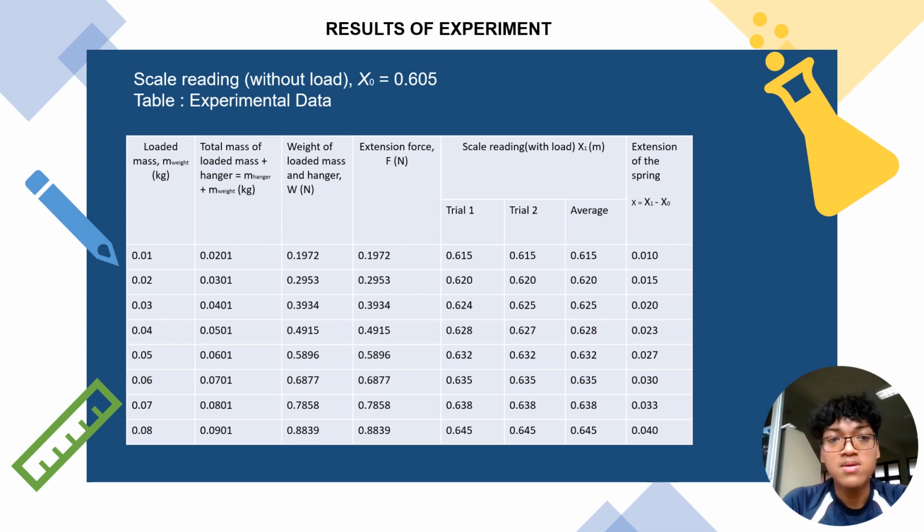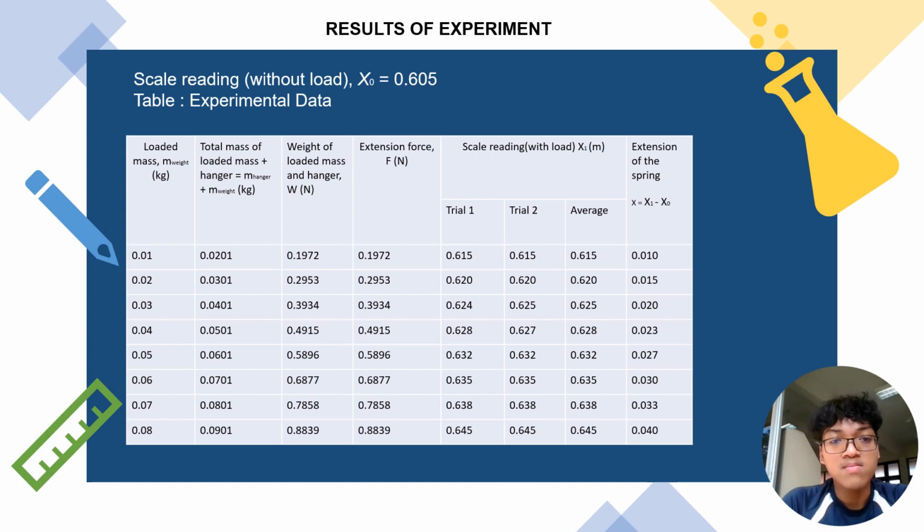For example, for 0.01 kilogram of load mass, we got an extension force of 0.1972 and the extension of the spring is 0.010.